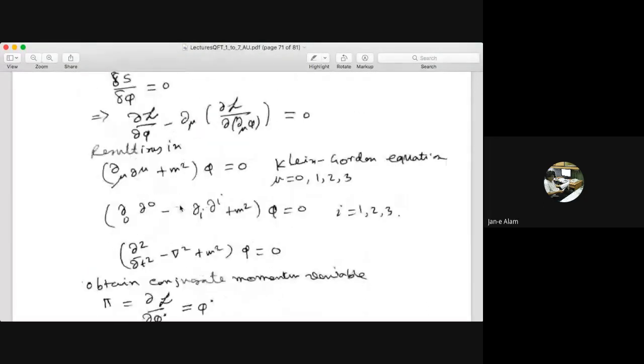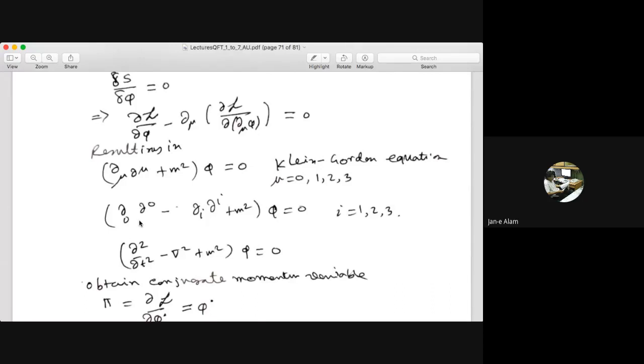So this was the equation of motion, and this classical scalar field equation is nothing but the Klein-Gordon equation, which you probably derived in a different way by using quantum mechanics. Now this del mu, as I said, is a derivative with respect to space and time. So mu equal to 0 is the temporal component, and mu equal to 1, 2, 3 are the spatial components.